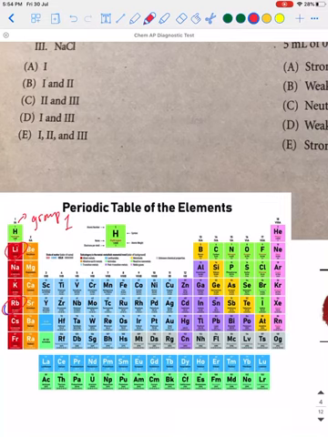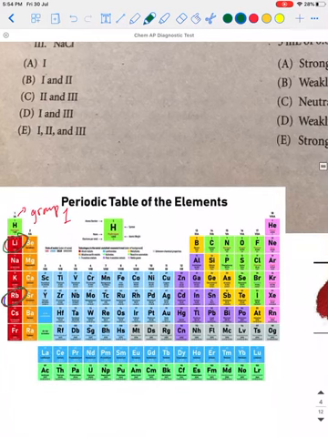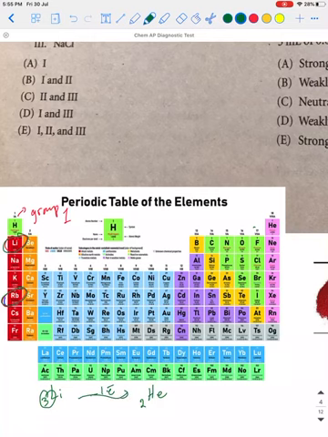This is lithium and this is rubidium. To reach stability, meaning to have the same electron configuration as the corresponding noble gas, they should lose 1 electron. Here lithium is 3, while the corresponding helium is 2. So yes, it should lose 1 electron to reach stability.